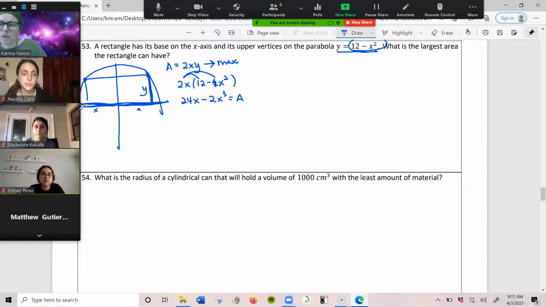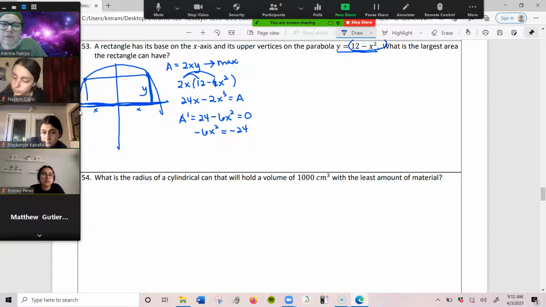Yep. To maximize, we have to find the derivative and get that critical number. So A prime is going to equal 24 minus 6x squared. And we make it equal to 0 so that we can solve for x. So you would have to now subtract the 24, so negative 6x squared is equal to negative 24, divide by negative 6, we get x squared is equal to 4, and then square root.